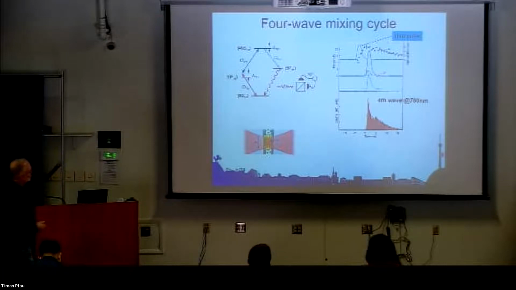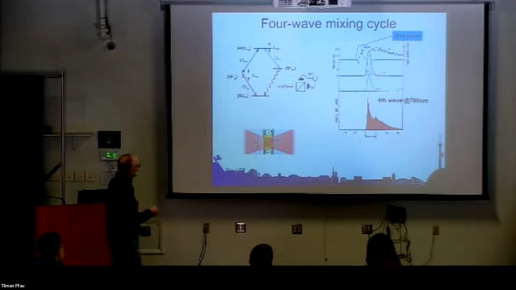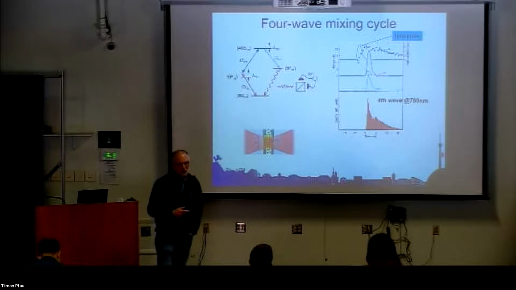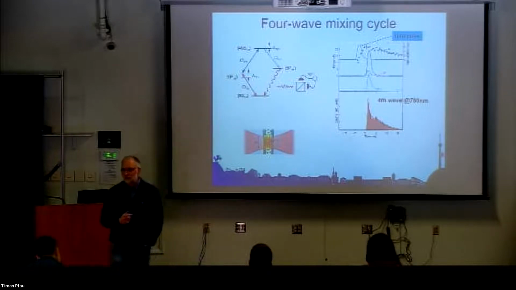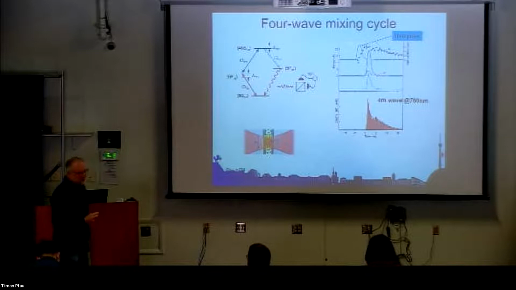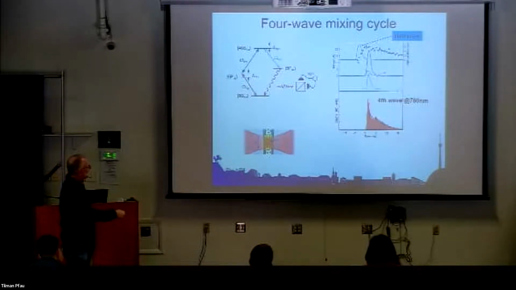So what's going on? Well, the four-wave mixing process is a coherent process, so it only happens as long as your driving fields are on. If you have a nanosecond pulse, you expect a sharp peak here due to the coherent four-wave mixing emission in the forward direction.